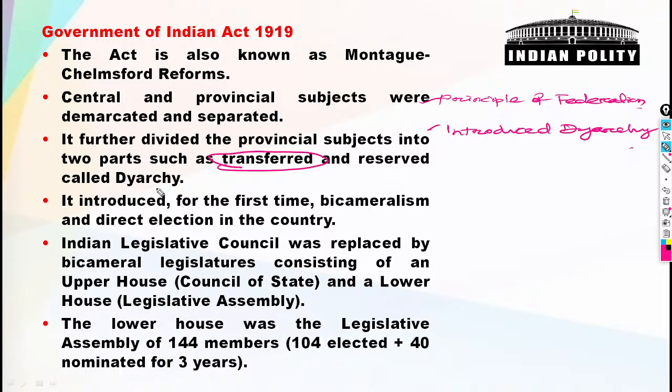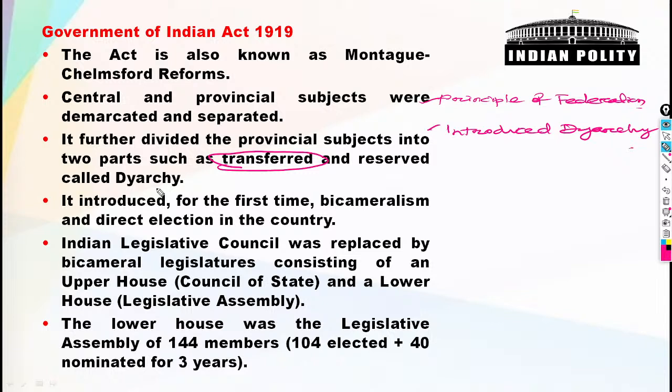The dual system is a division in the executive powers, meaning the governor's powers were divided into transferred powers and reserved powers. In the transferred powers were kept some simple but not so important subjects, and decisions on them were made by the governor in consultation with the ministers responsible to the provincial legislative councils.